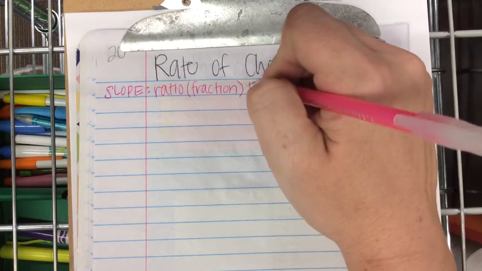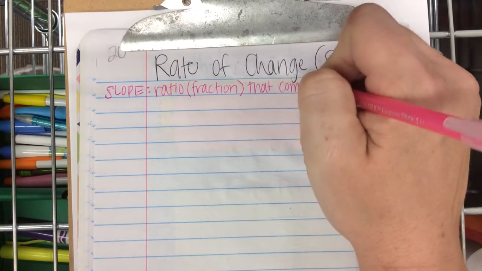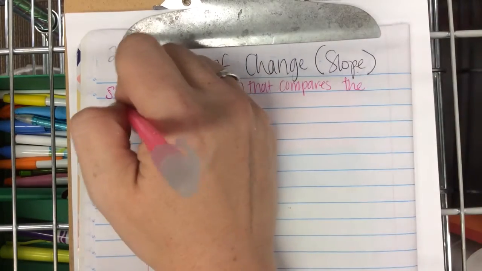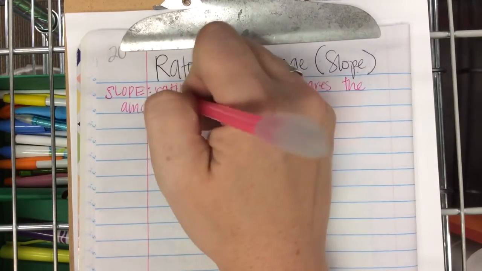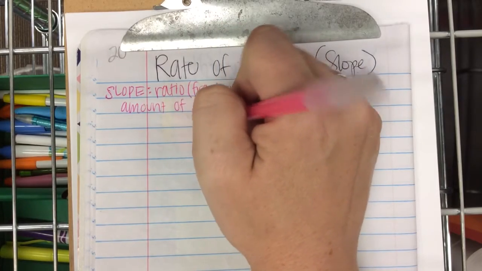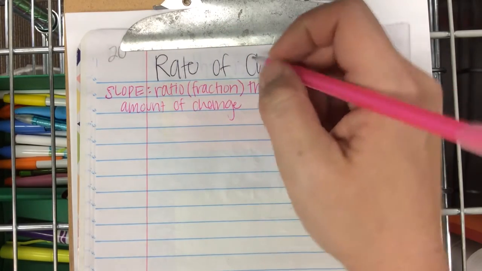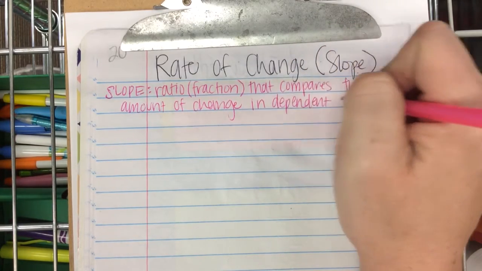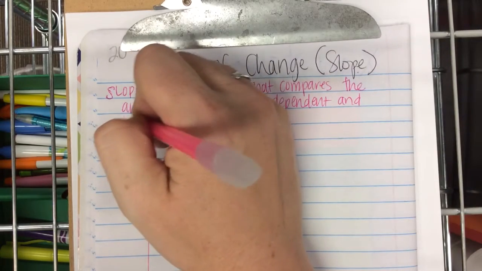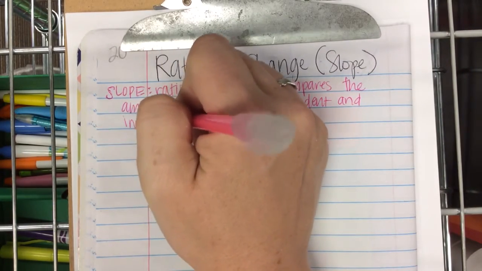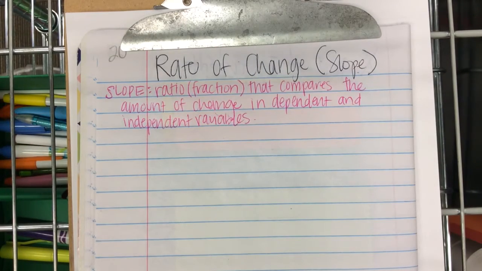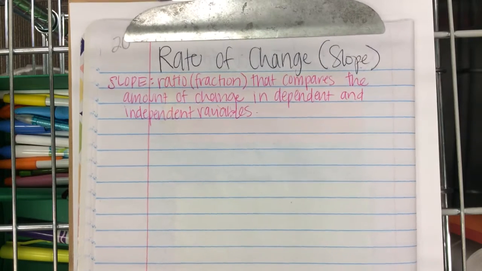And it's a ratio that compares the amount of change in dependent and independent variables.